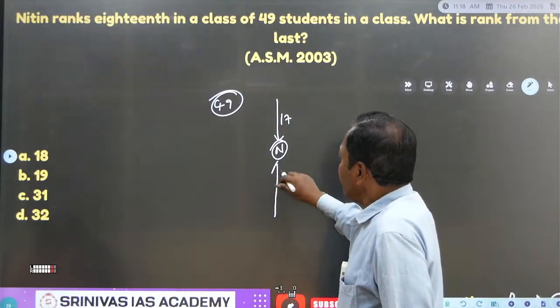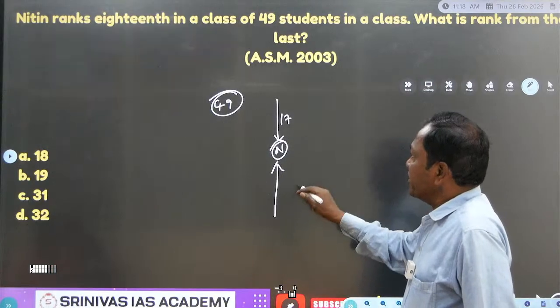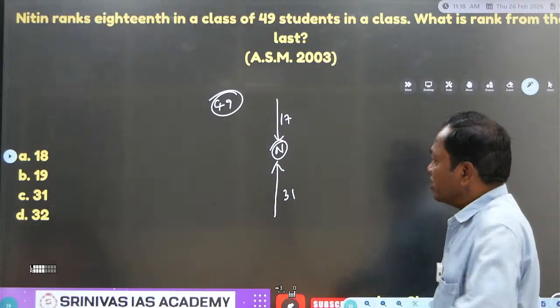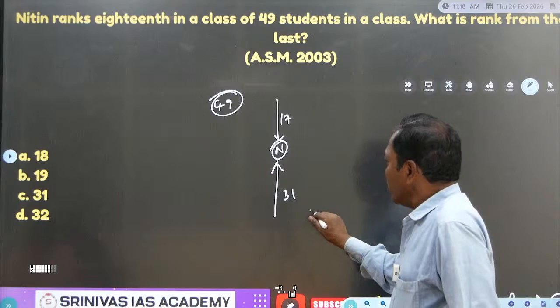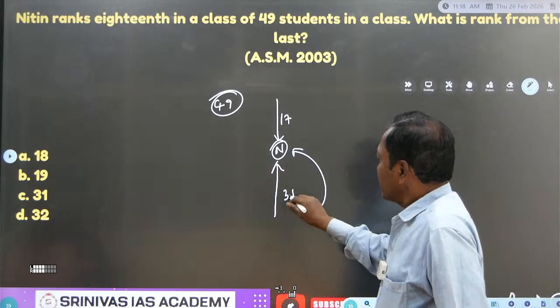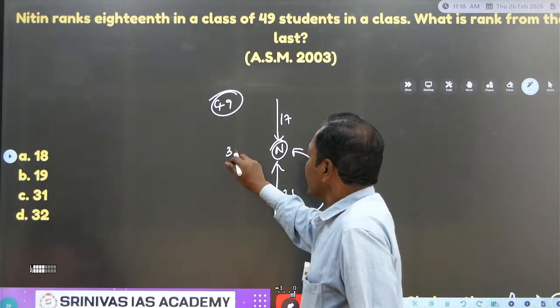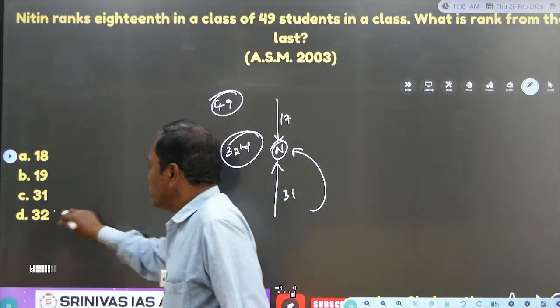Below him, there are 49 minus 18, which is 31. You can cross check the total, there must be 49: 31, 32, 49. What is his rank from the last? After 31 comes the 32nd rank. Option D.